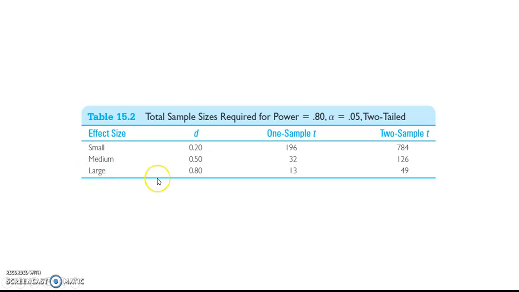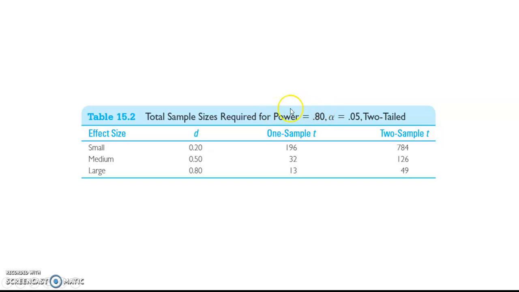If you're looking for a large effect size, if you have a research question in which you anticipate a large effect, then you don't need as many subjects to be powered at the same level.